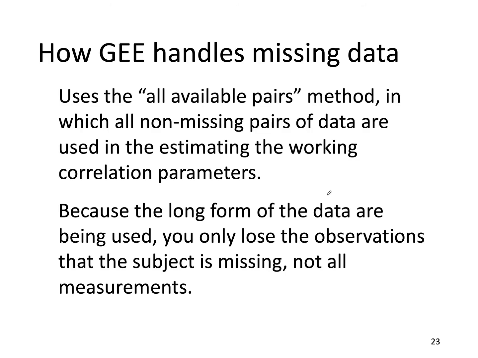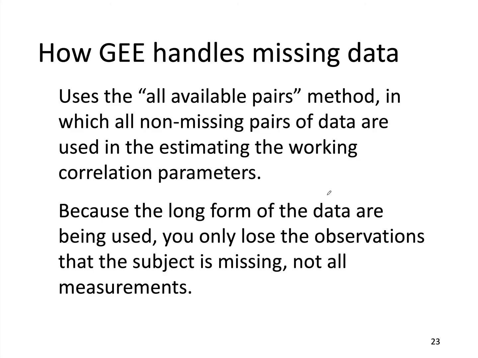All available pairs are used in the estimation of the model, and in particular the working correlation matrix. So even if you have different sizes of, you know, some people have 3 observations, some people have 4 observations, you're going to get reasonable correlation parameters because it's going to use all available data.